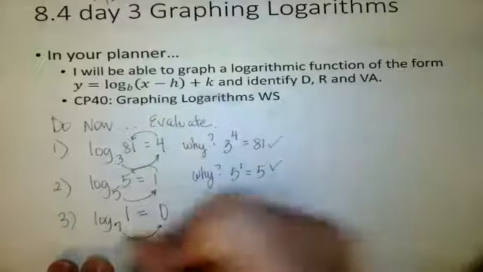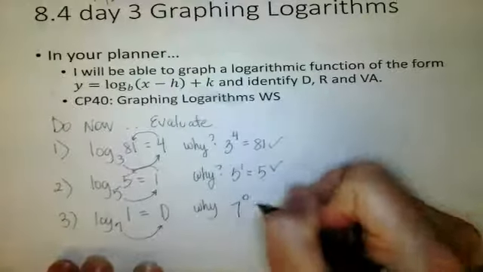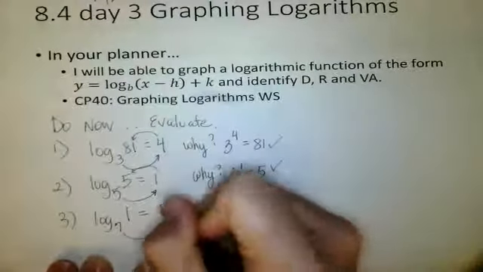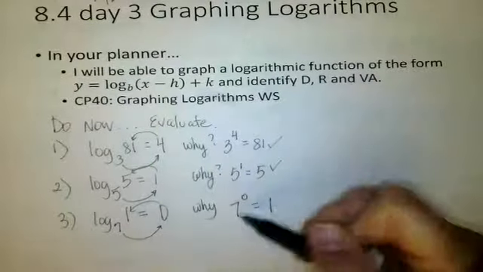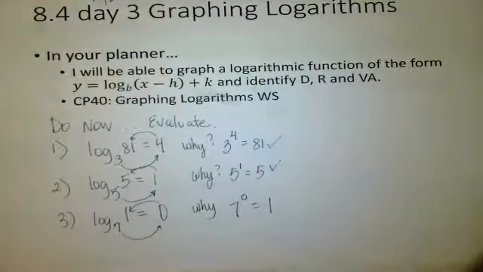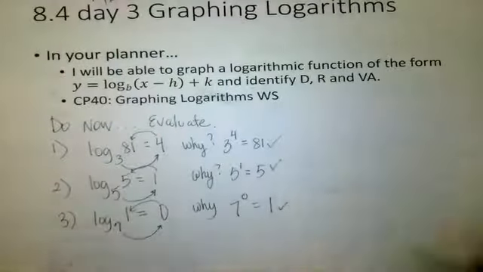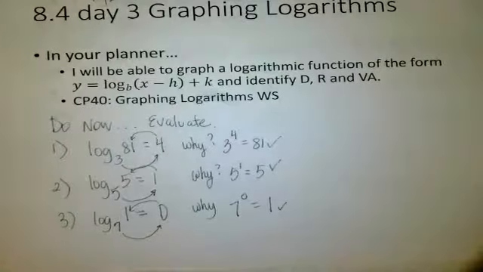All right. So 7 to the power of 0 always equals 1. And that's true. Any base to a power of 0 always equals 1. Absolutely important that you understand this concept. Give it a swirly, and then that makes sense.